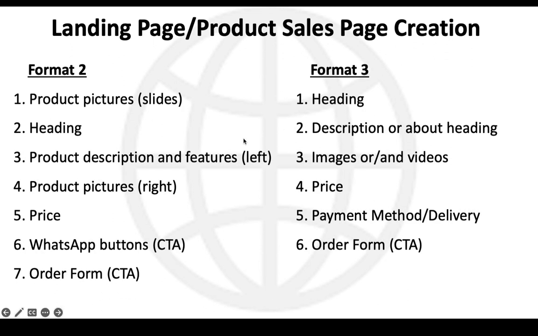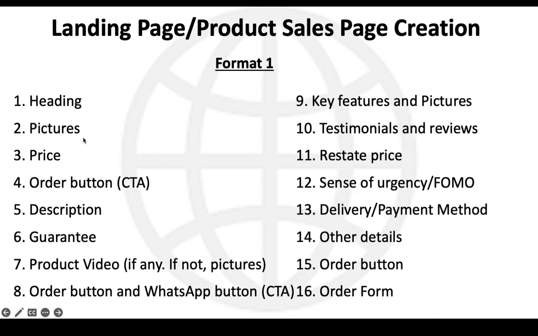So now I'll be showing us how to create a product sales page again, following this second format, which I call format 2. In this particular video I won't really be explaining much because I want to believe you've taken your time to watch the video I created for this first format. It is a long enough video for us to watch and capture a lot of details.